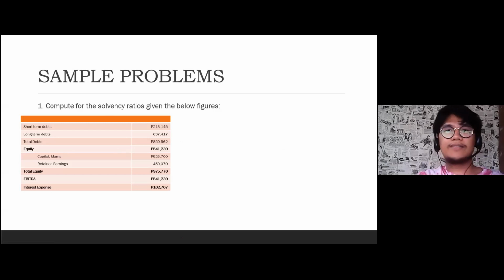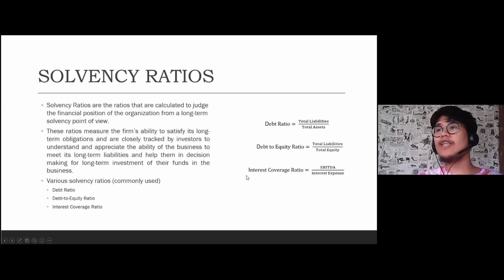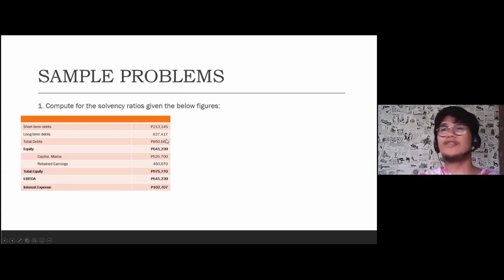Now guys, I want you to compute for the, ano na lang ang compute natin dito, etong dalawa na lang: debt to equity ratio and your interest coverage ratio. So I want you guys to compute for the debt to equity ratio.